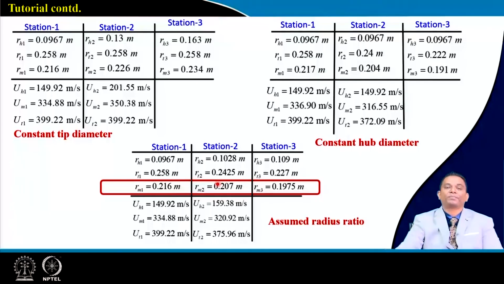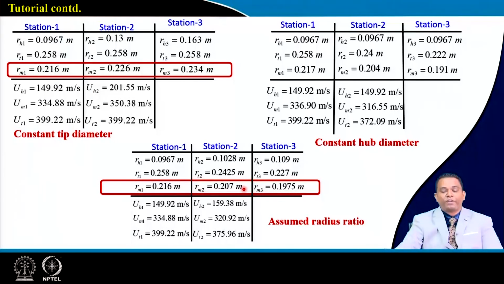Now let's compare. This is the overall scenario for the same compressor that we have designed using the constant tip diameter configuration, the constant hub diameter configuration, and this one representing an assumed radius ratio. This is my mean station, and this indicates the change of mean radius.